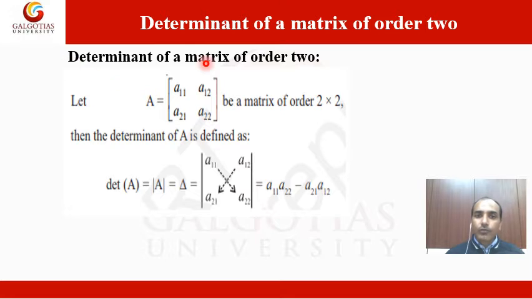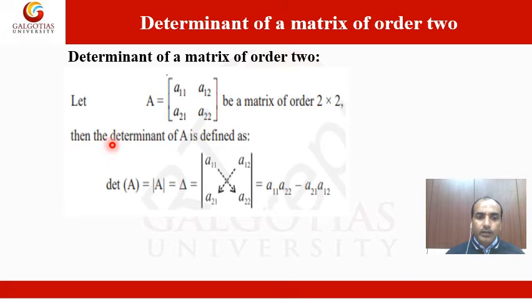Now, how to find the determinant of a matrix of order 2? For this, let A equal the matrix with entries A11, A12, A21, A22 be a matrix of order 2 cross 2.